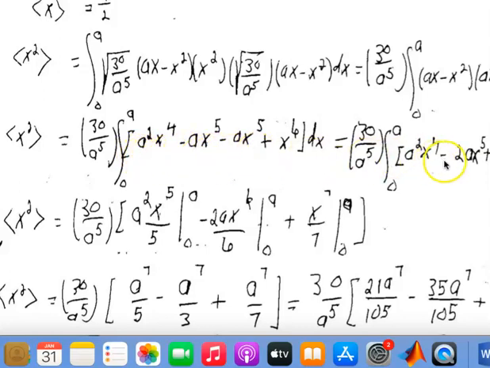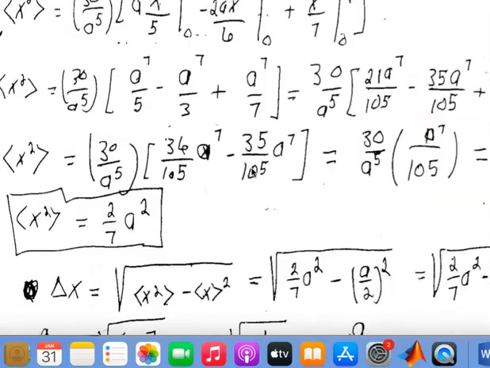I integrate that term and then evaluate it from 0 to lowercase a. When I evaluate it, it turns out that the expectation value of x squared is 2/7 a squared. Well, x has units of meters, lowercase a has units of meters, so the units are fine here. It is 2/7 a squared.